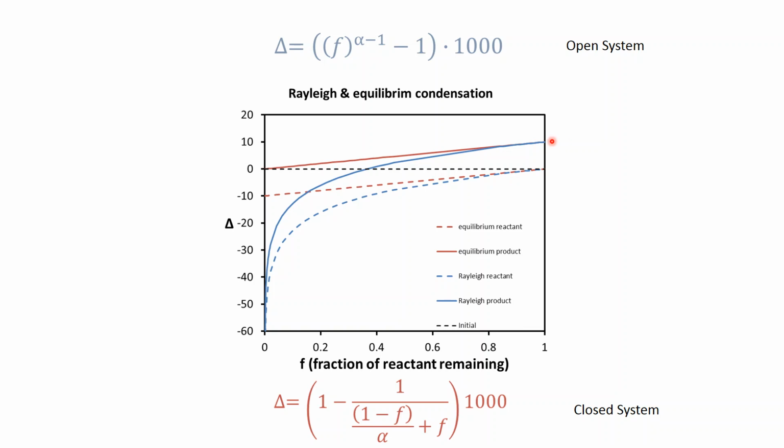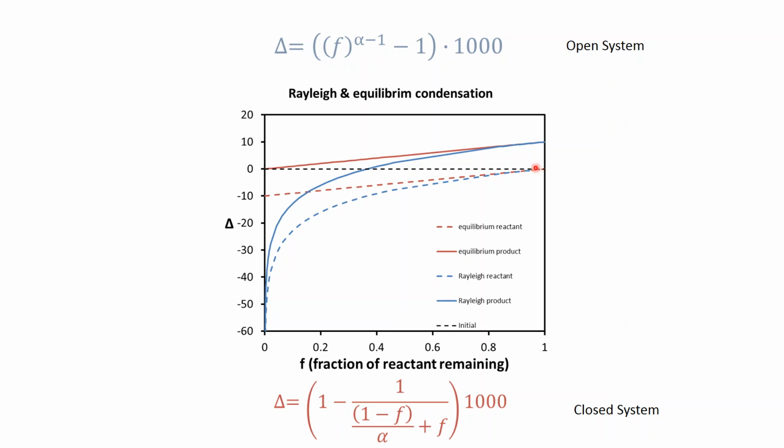So just to quickly explain the red lines on here, this is what would happen if we started at the initial point here where we had a thing full of water vapor, and we started to condense the water out of that. But instead of removing that condensed water, we allowed it to effectively stay in equilibrium with the remaining water vapor. So at the end of the experiment, if we condensed everything out, then everything we condensed out must be the same composition that we started with.